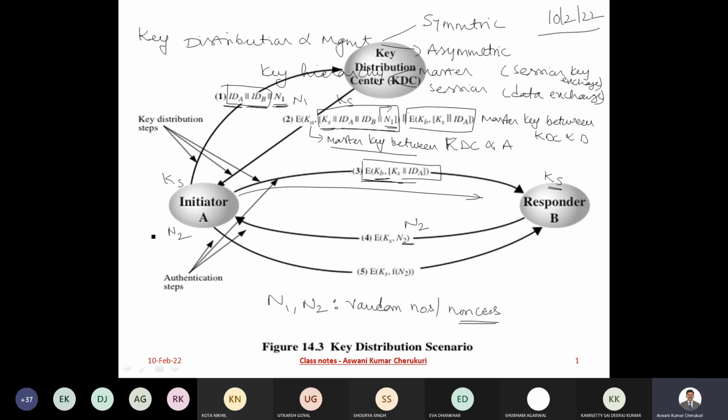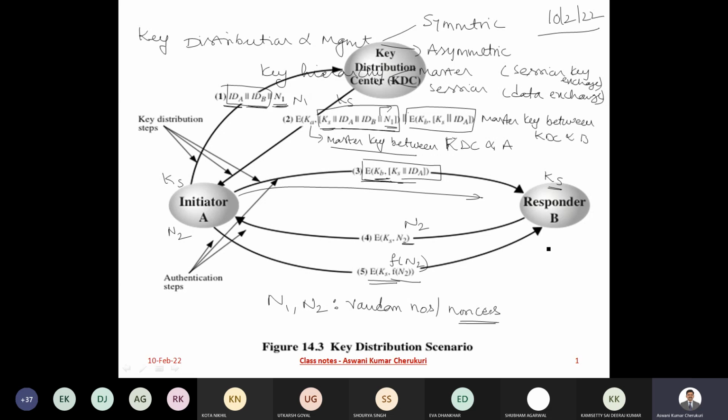Now A responds with the fifth step by encrypting N2. Of course, it is not simply N2, it is f of N2, some function over N2. It could be, say, the square of N2 or the square root of N2, some arithmetic function over N2 that A performs, and that output A encrypts with the session key and sends to B.